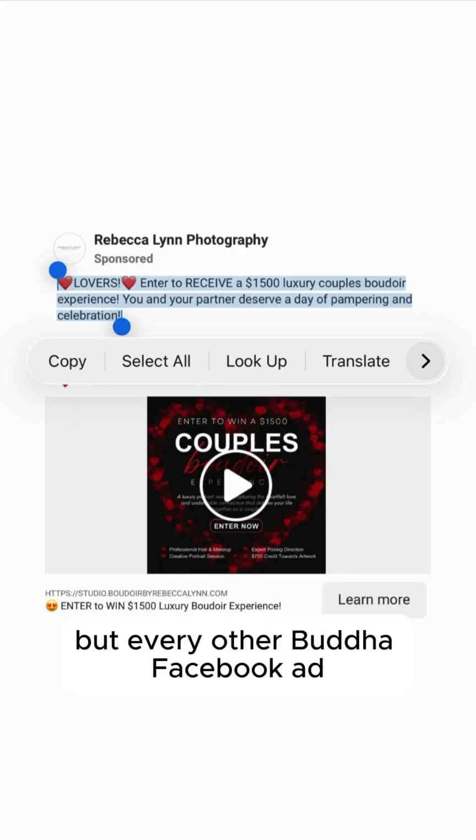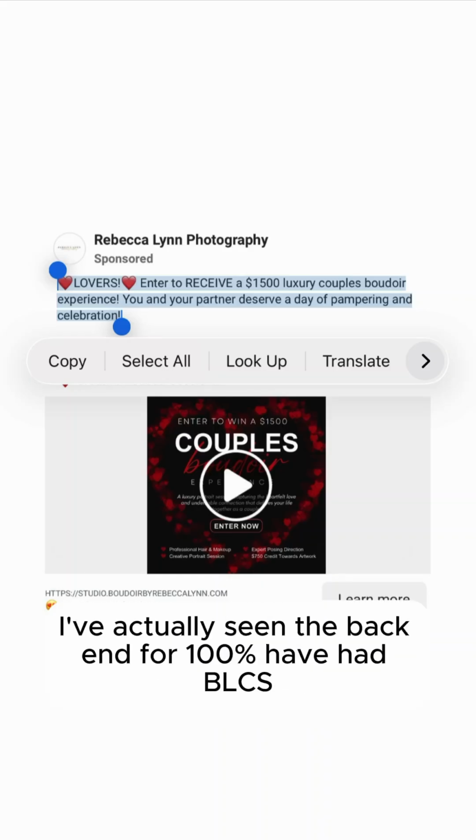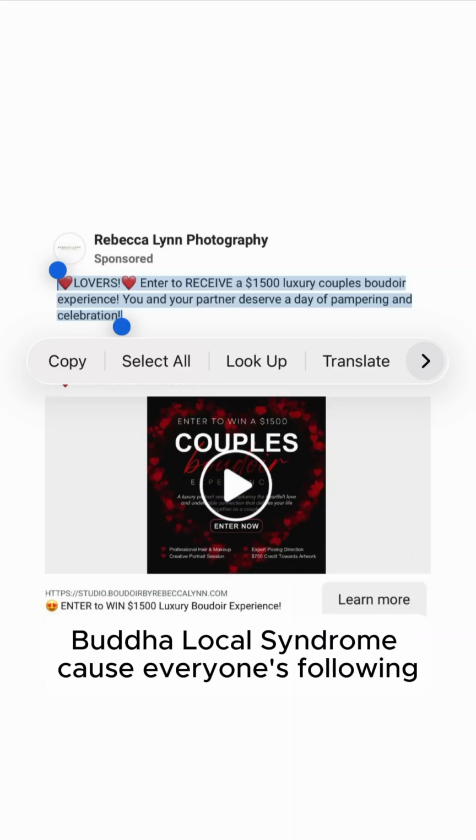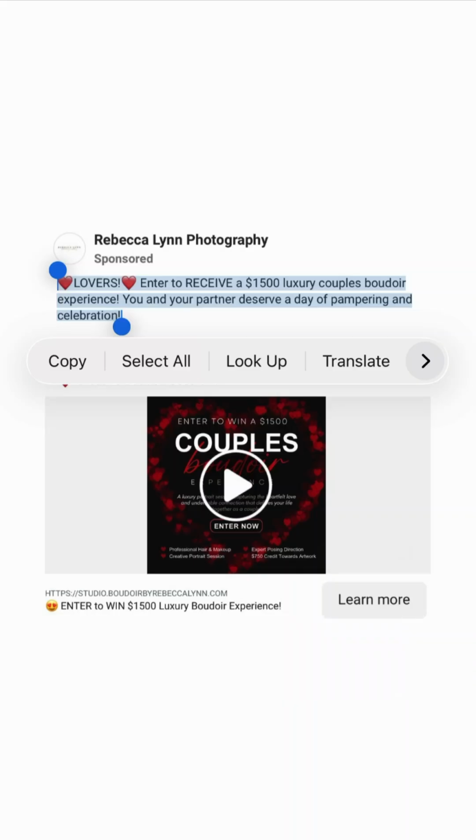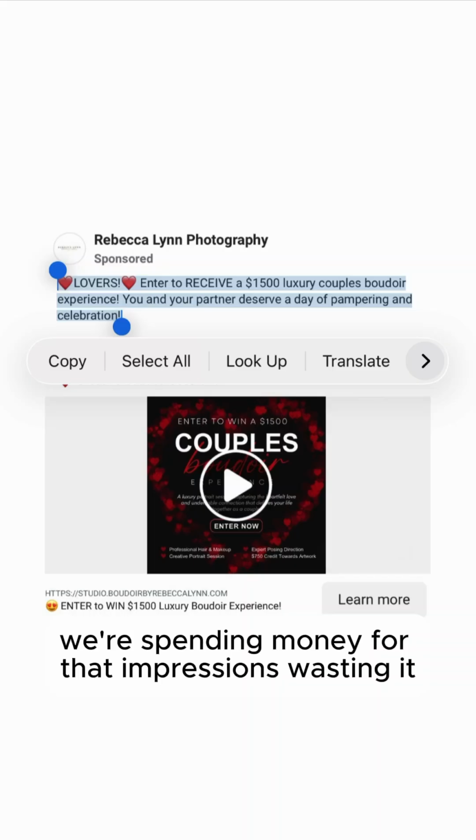But for every other boudoir Facebook ad I've actually seen the back end of, 100% have had BLCS, boudoir low click syndrome, because everyone's making the same mistakes. So this contributes to more women scrolling by our boudoir Facebook ad than necessary. We're spending money for those impressions, wasting it.